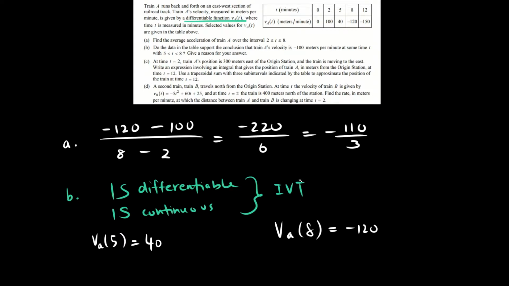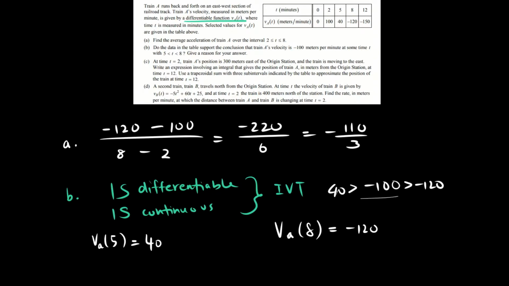So because it satisfies all of the conditions of the intermediate value theorem, and -100 is smaller than 40 but greater than -120, we know that the velocity will assume this -100 value.